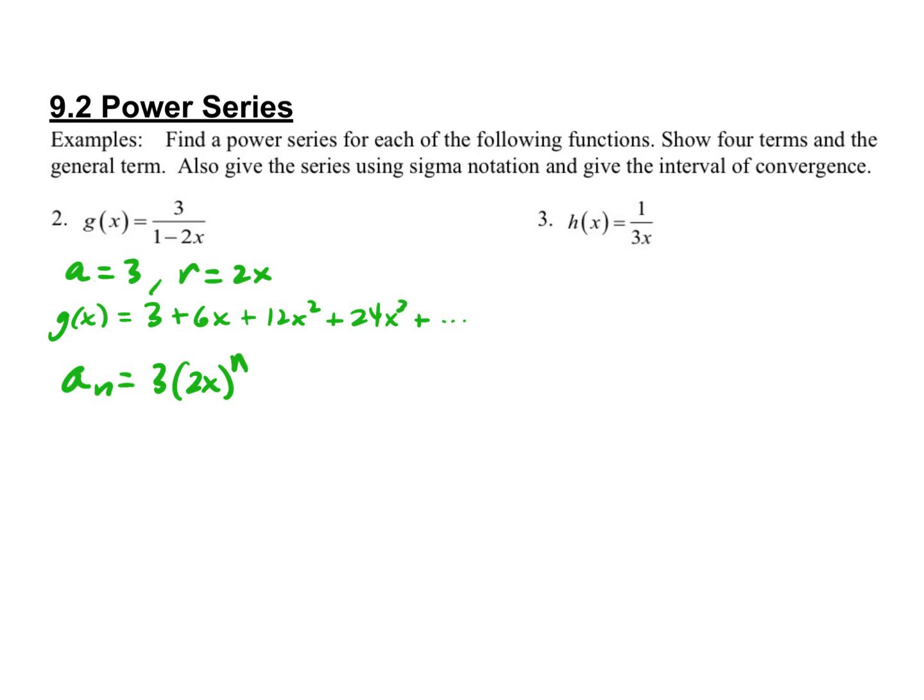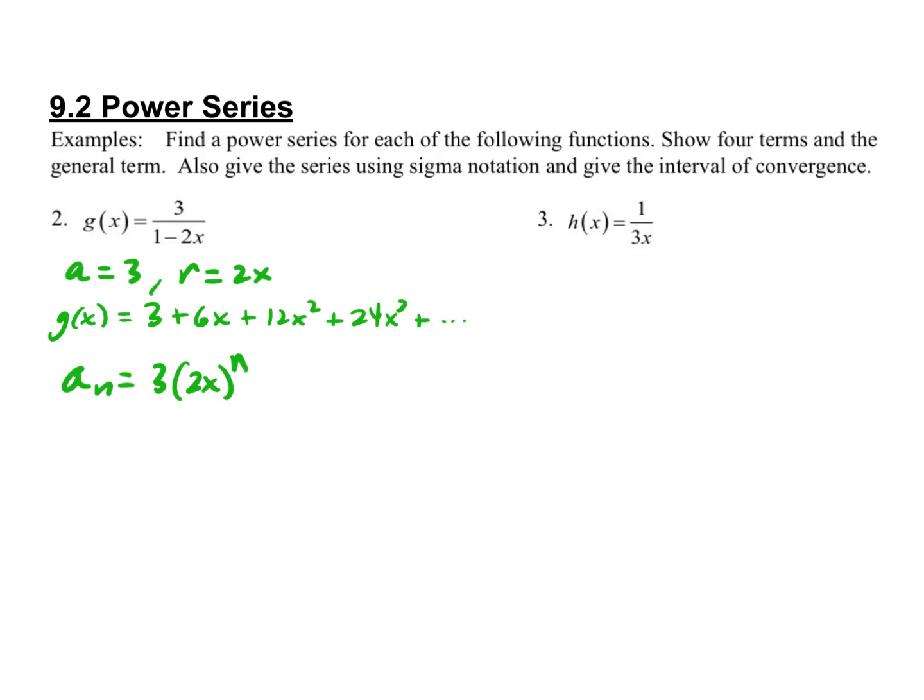Now in this case, in order to get this to turn into a 1, we're going to start at n equals 0. If I start at n equals 0, then this whole thing will be 3, and so I get this first term, okay? If you wanted to start at 1, you could. Then this would change to n minus 1, okay?